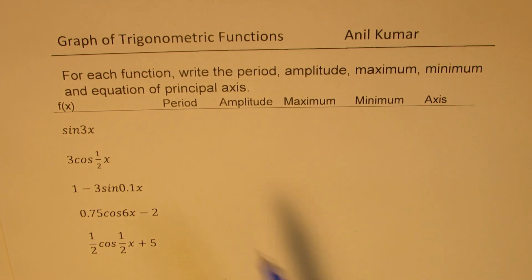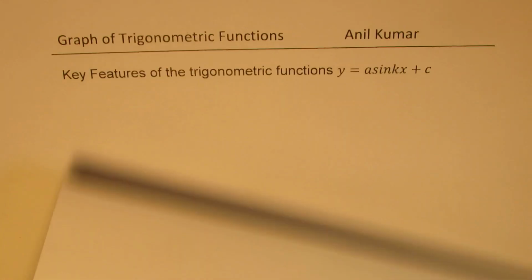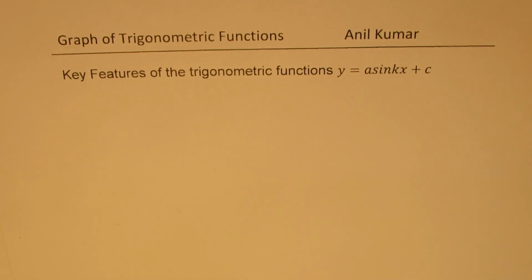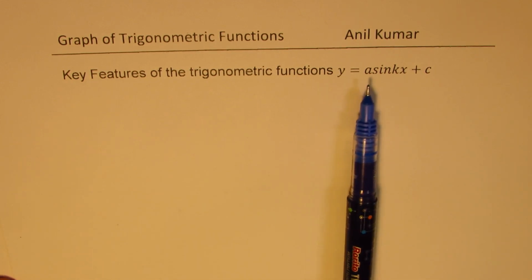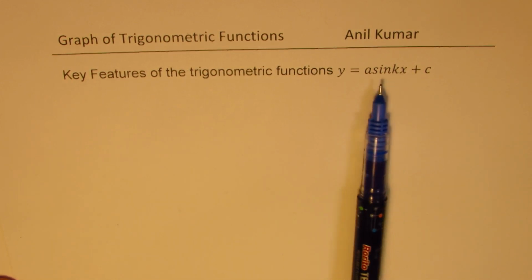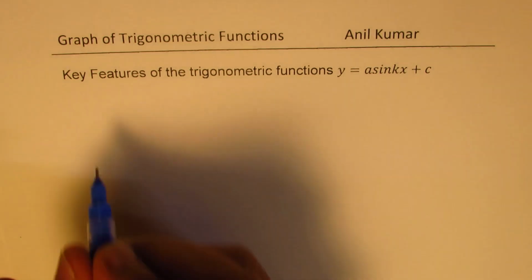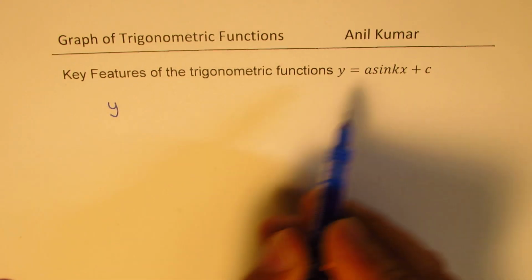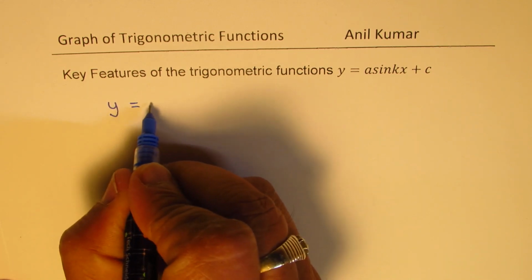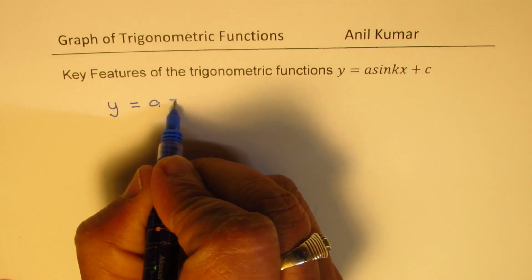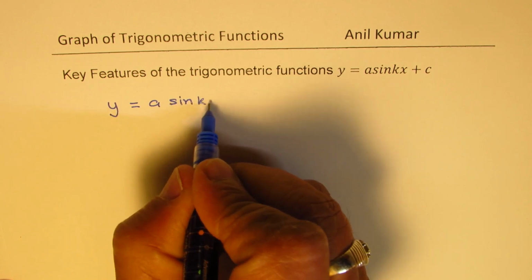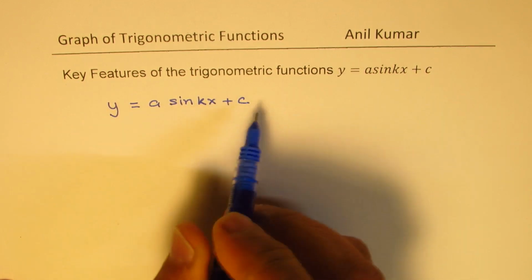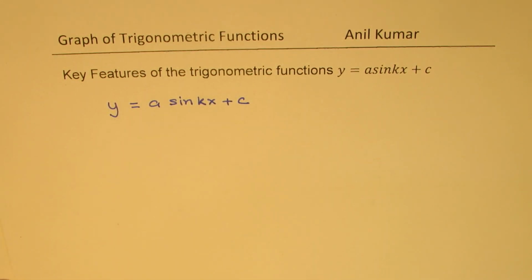Now, before filling up this table, I'll take up the very basic concept and then we'll get back to the question. So let us first discuss some key features which a trigonometric function like y equals a sin(kx) plus c could represent.